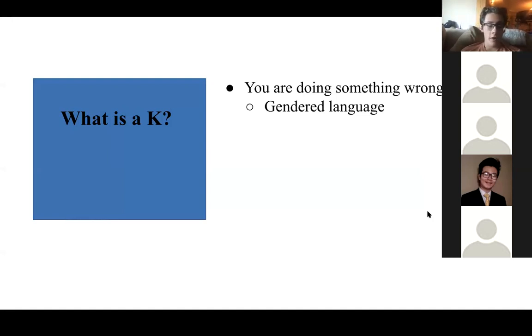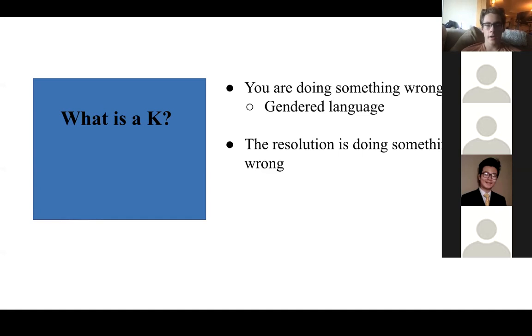Now they're running a critique on you saying that you need to lose because you promoted heteronormativity, and cisnormativity actually would be the right word, in the debate space, or sexism. That's basically the thesis of a gendered language critique. That's an instance in which the debater has committed a violation. They have done something wrong.